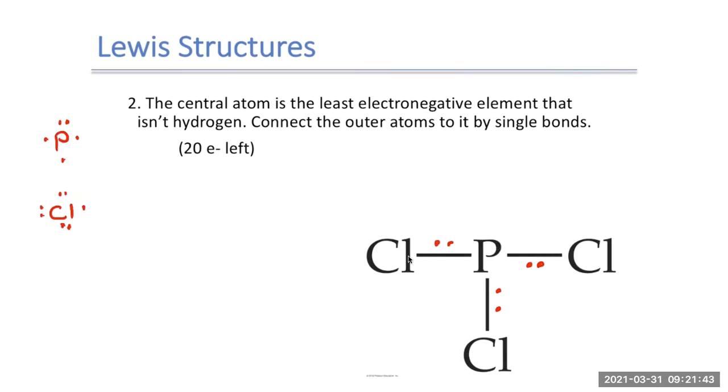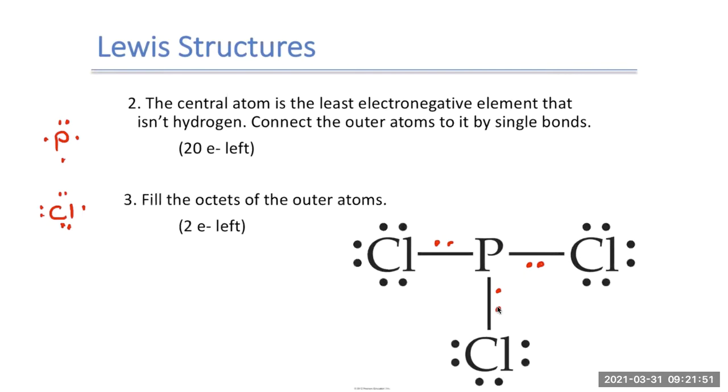Once we figure out the location of the atoms, and we drew the single bonds to hold the atoms together, we now want to fill the octets of the outer atoms. Since our outer atoms tend to be more electronegative, we want to fill those octets first. You can see the chlorine now has 8 electrons around each chlorine.